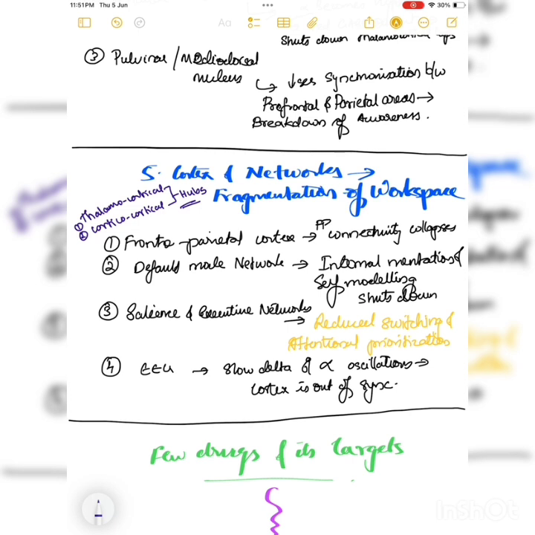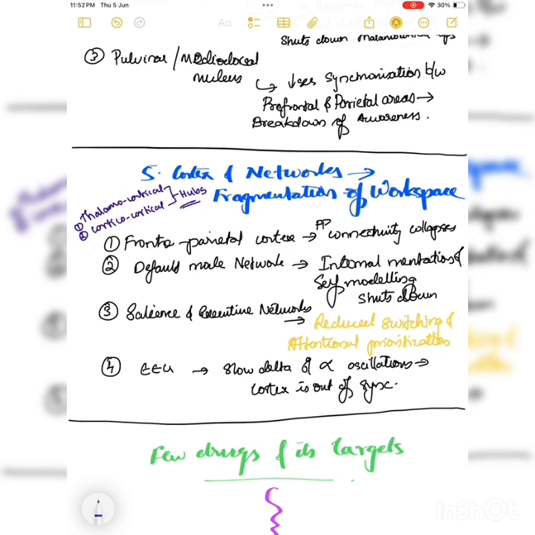It regulates sensory input, attention and executive function by interacting with networks like default mode network, salience network, etc. The key functions of this hub are sensory relay, like visual, auditory and somatosensory signals to the cortex, higher order processing like attention, cognition, memory, and cortical modulation like regulating cortical excitability.